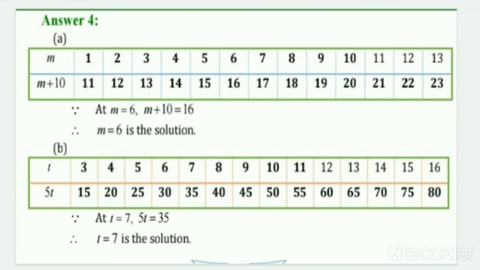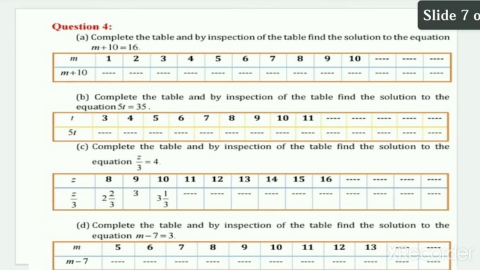Same way we'll do for the t part. It is given to complete the table. By inspection of the table, find the solution. 5t is equal to 35. We need 35, right? So we have 5t, so we'll put t equal to 3, so it will be 15 in the first box. Then t equal to 4, 20 in the second box. Then t equal to 5, 5 fives are 25 here.